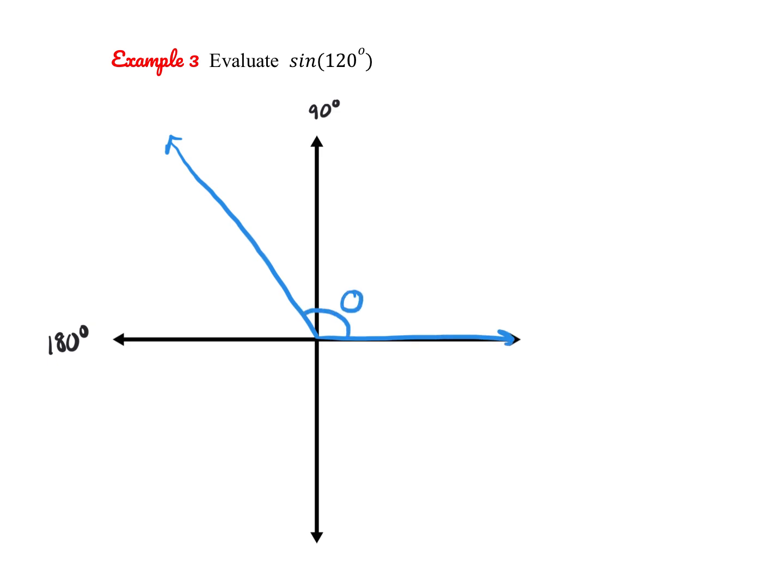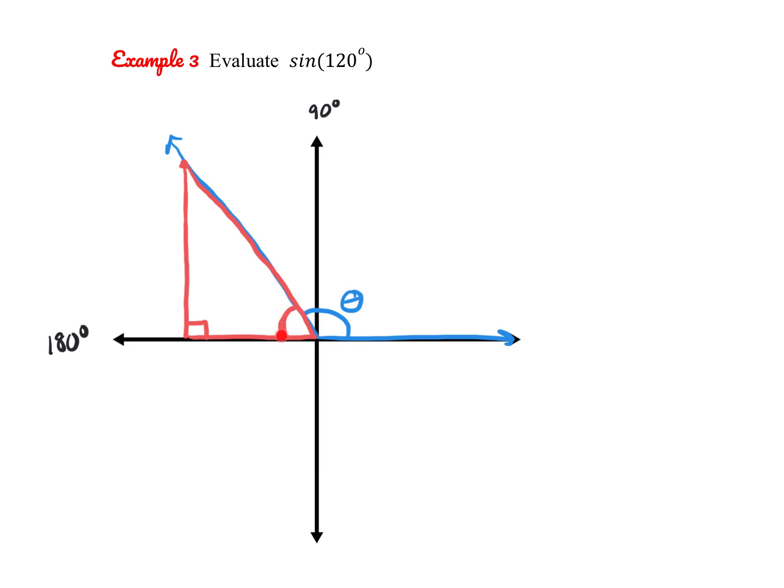This is theta. Now I need to take this angle, pick a point somewhere, and connect it to the closest x-axis with a perpendicular line. So you can see that I just made a right triangle. Now this angle right here, this is my reference angle, right?